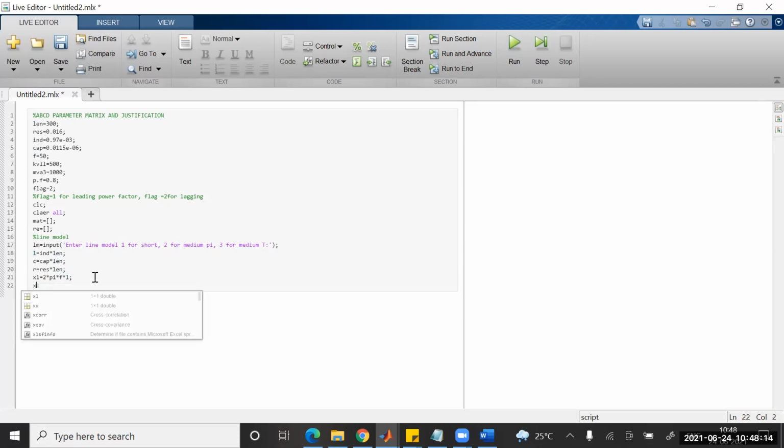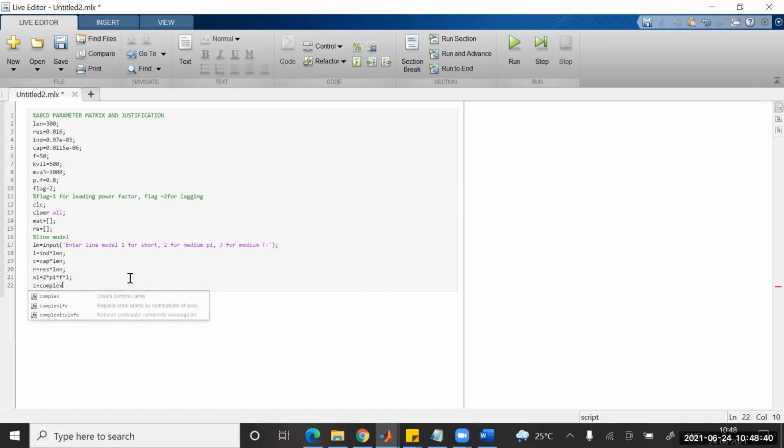Instead of finding XC directly, what is the line? We have Z. Z equals to what? That is R plus jXL.